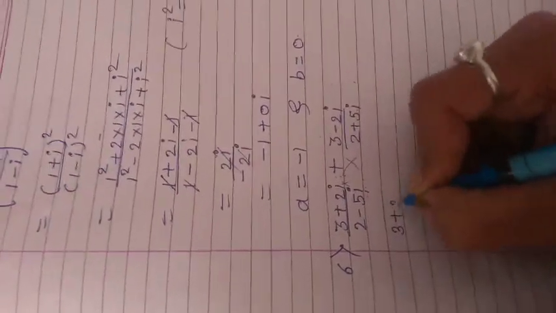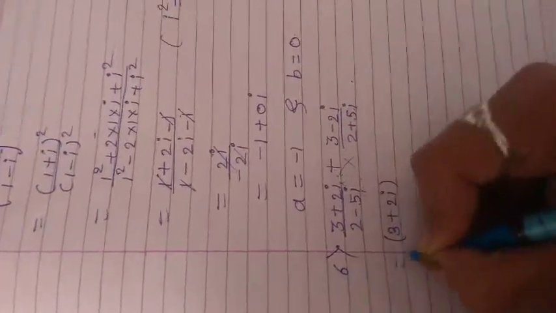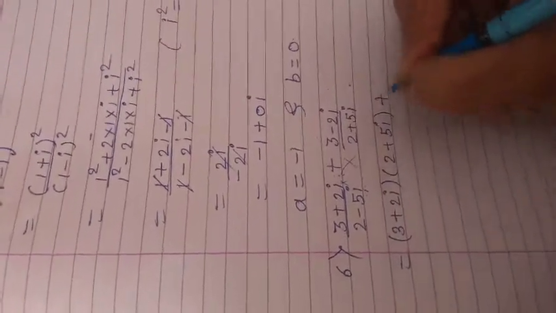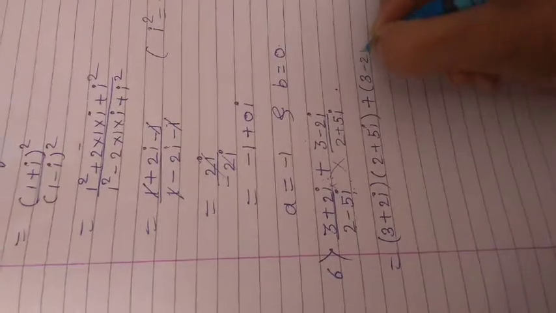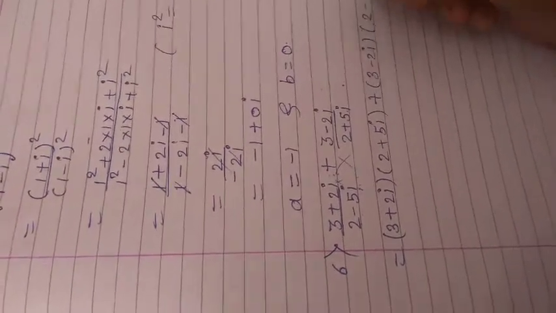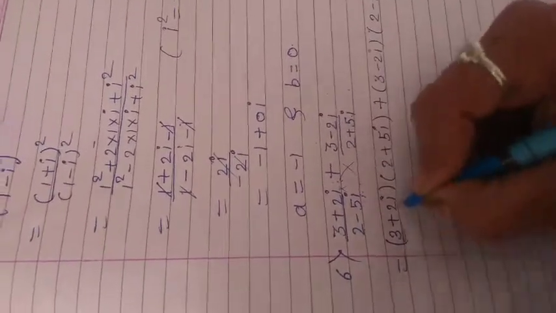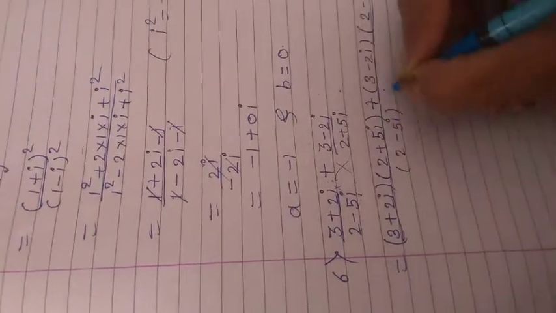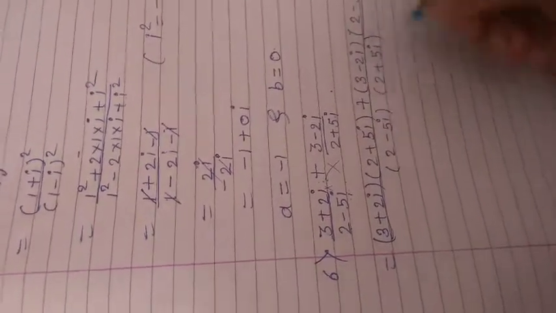So (3 plus 2i) into (2 plus 5i), then plus (3 minus 2i) into (2 minus 5i), and the whole divided by (2 minus 5i) and (2 plus 5i).